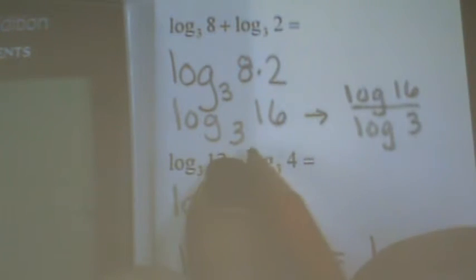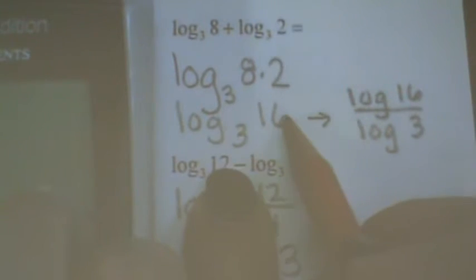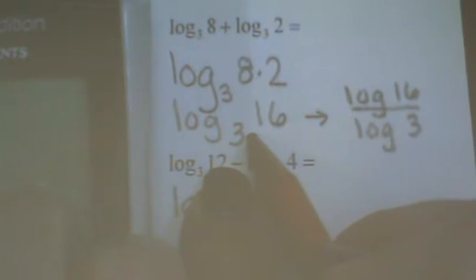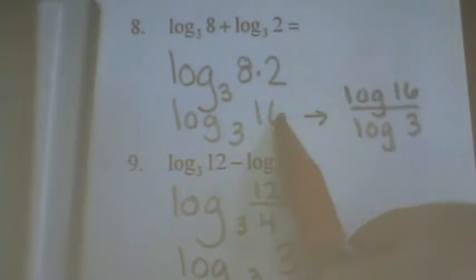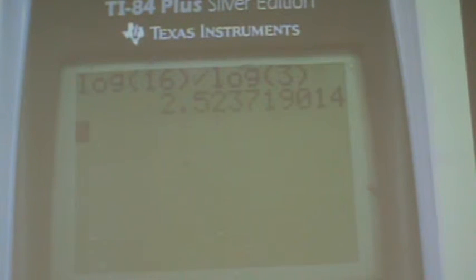Log of 16 divided by log of 3. It's always the log of the big number divided by the log of the base. So watch this, I'll do it here if you don't have one in front of you. Log of 16 divided by log 3, and that's the same answer.